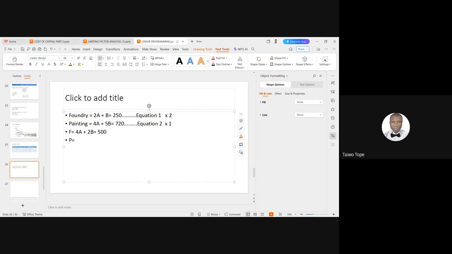For equation 2, 1 multiplied by 4A is 4A, plus 1 multiplied by 5B, 5B, equals 1 multiplied by 720.